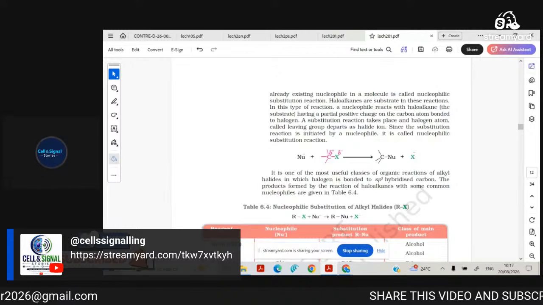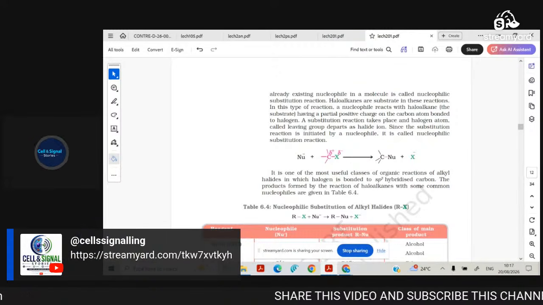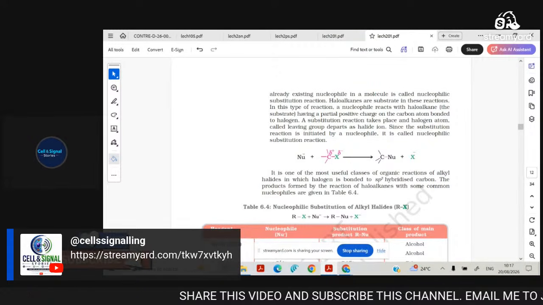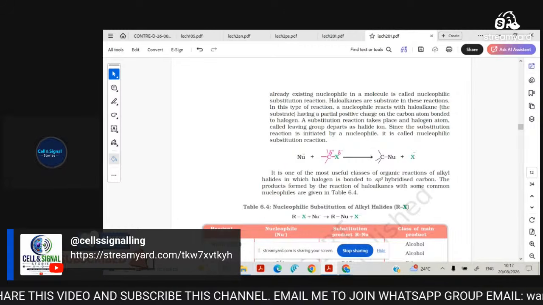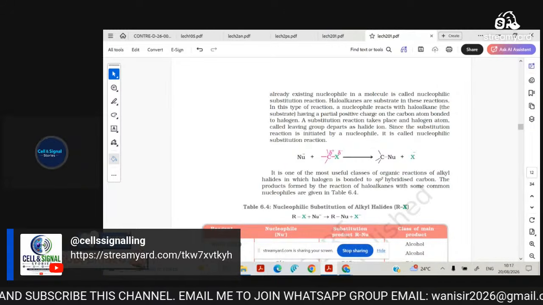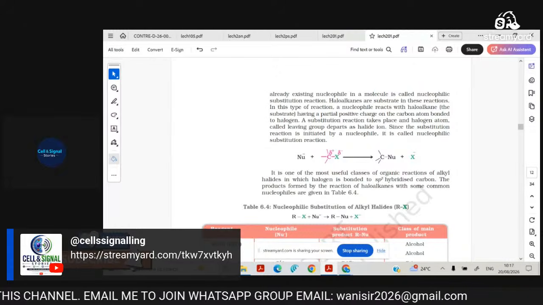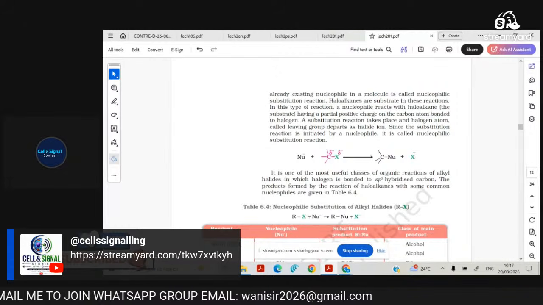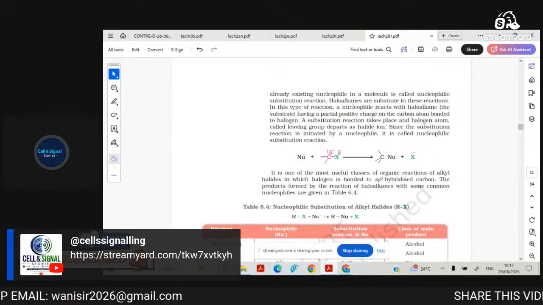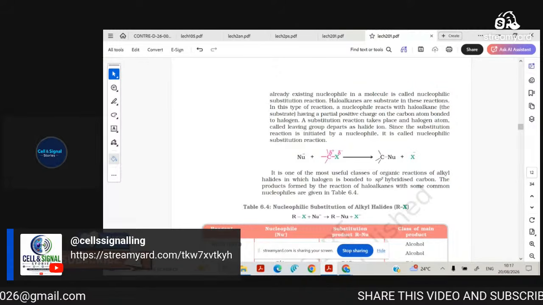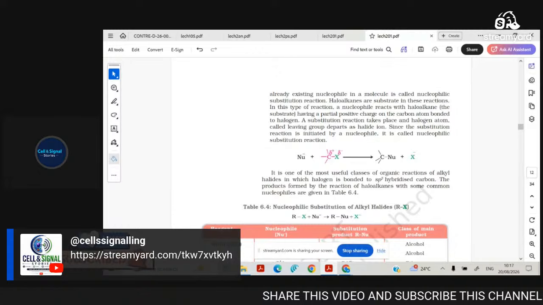The methyl group has the partial positive charge, and the halogen, X, has the partial negative charge. The carbon atom bonded to the halogen has the partial positive charge.